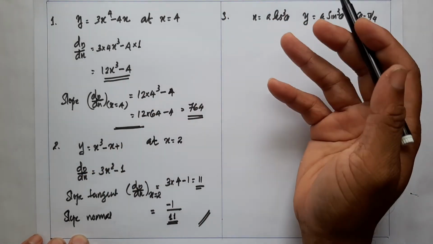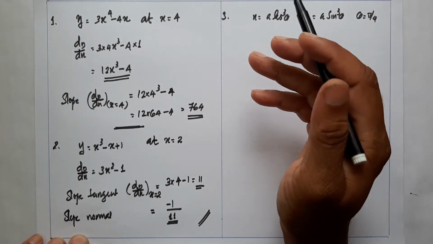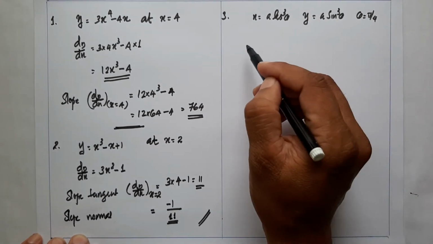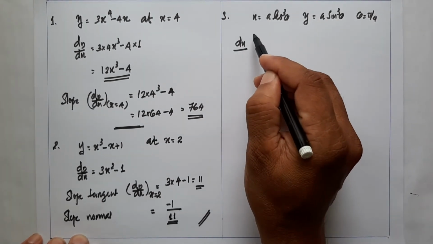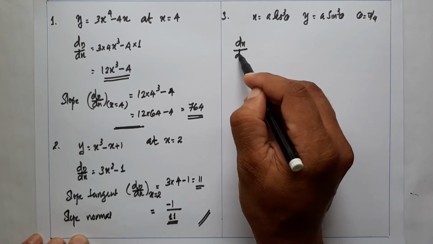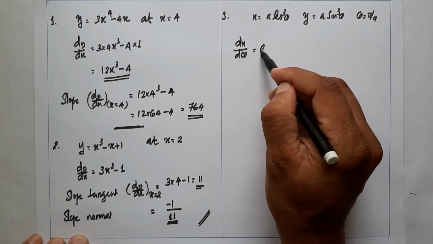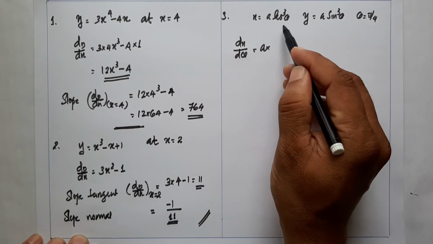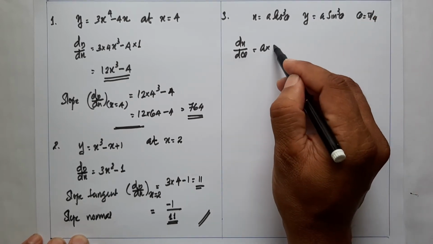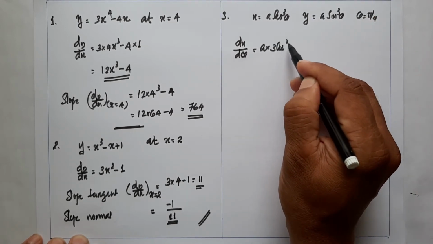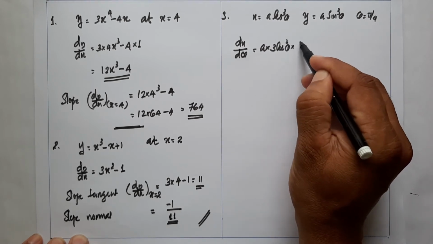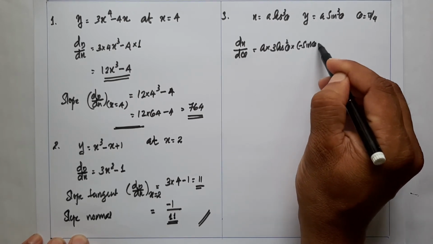Before finding dy by dx, you know the formula is dy by d theta divided by dx by d theta. First we find the derivative of x with respect to theta. A into cos cube derivative, which is of the form u cube. The derivative of u cube is 3 cos square theta into the derivative of cos theta, which is minus sin theta.